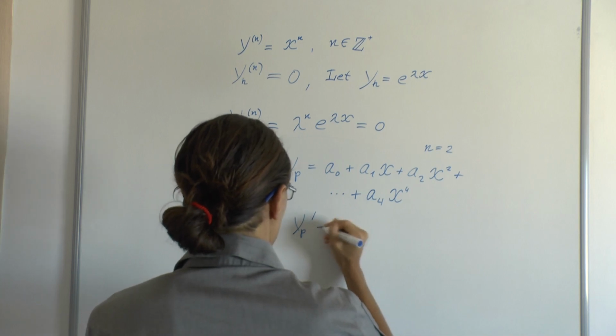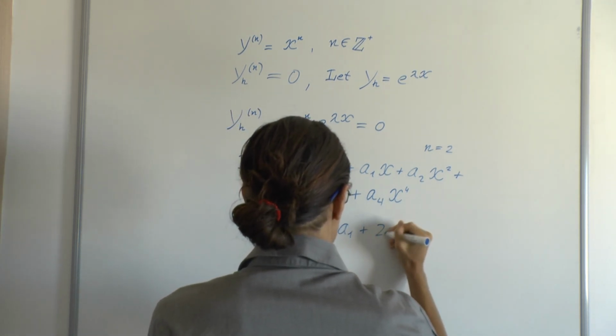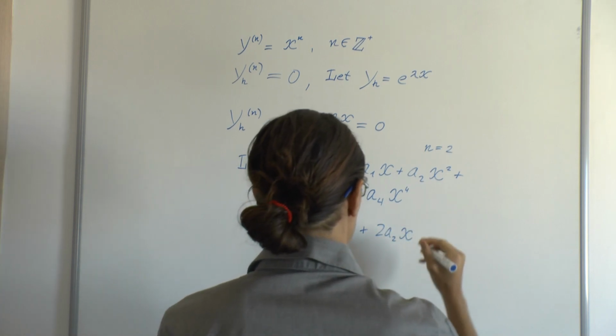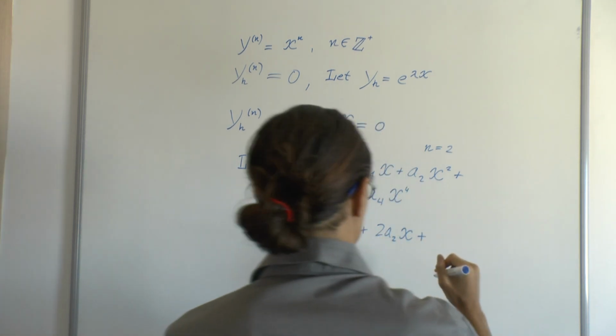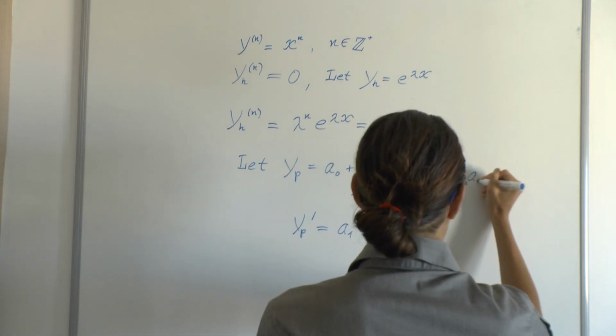Because y prime p is then a1 plus 2 a2 x plus, well, I don't know why I did that. I'm done.